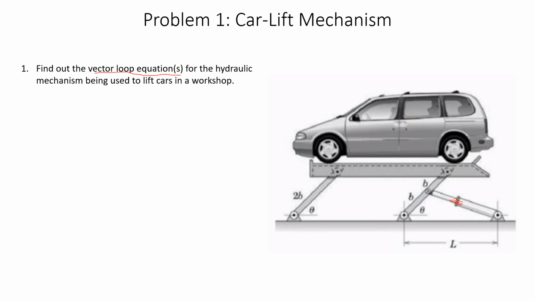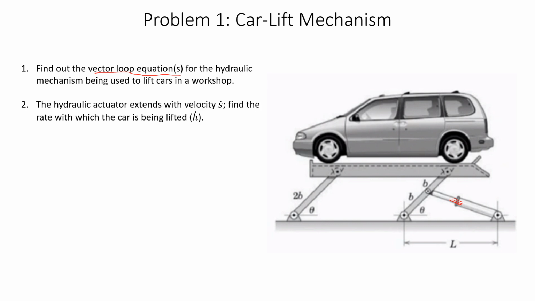Once the vector loop equation has been found, we're going to use that to solve this problem, which says that the hydraulic actuator extends with the velocity s dot, which is, by the way, over here, s dot. For that particular scenario, find the rate with which, or in other words, the velocity with which the car is being lifted upwards.